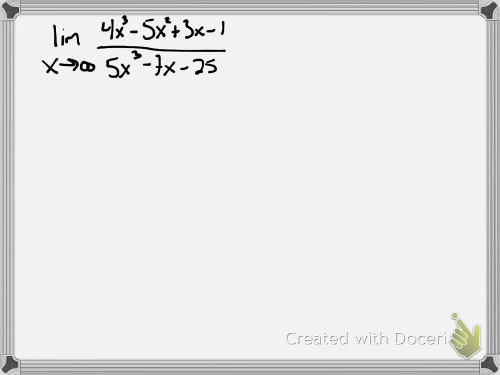The degrees are the same, so the limit in this case is the ratio of the leading coefficients, or 4/5. So there we have horizontal asymptotes, which are directly related to the limit as x approaches infinity or negative infinity.